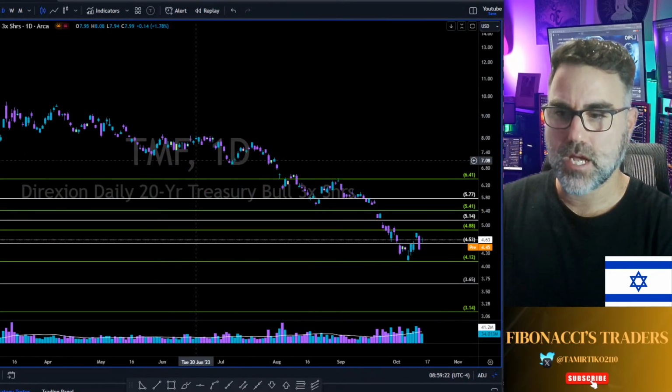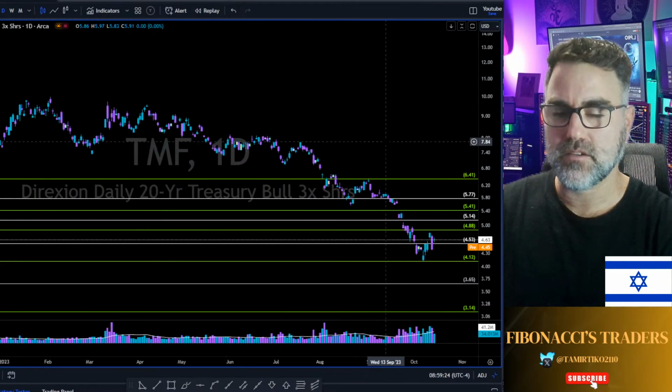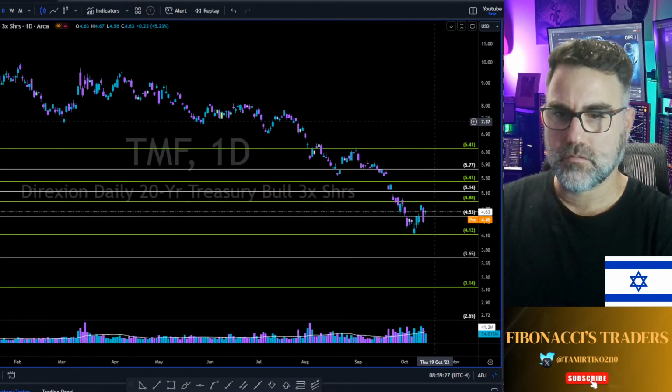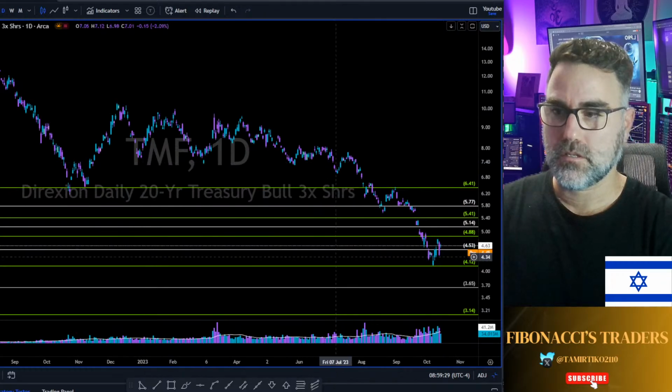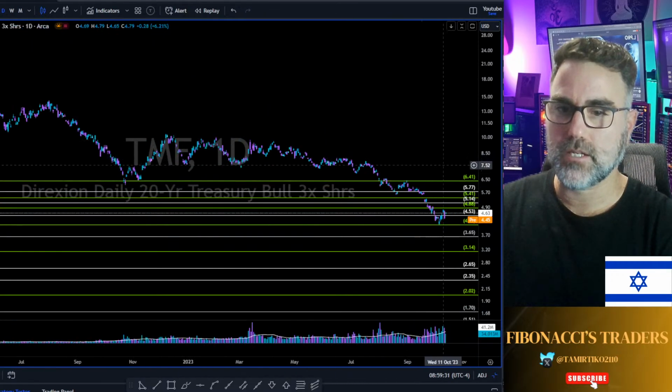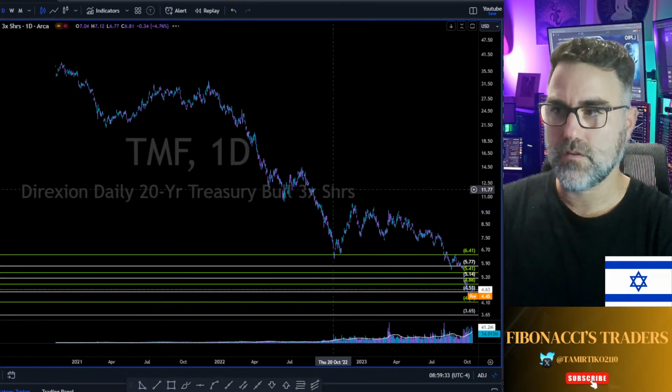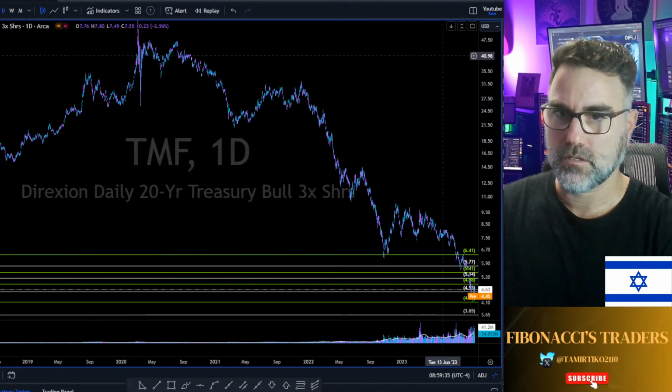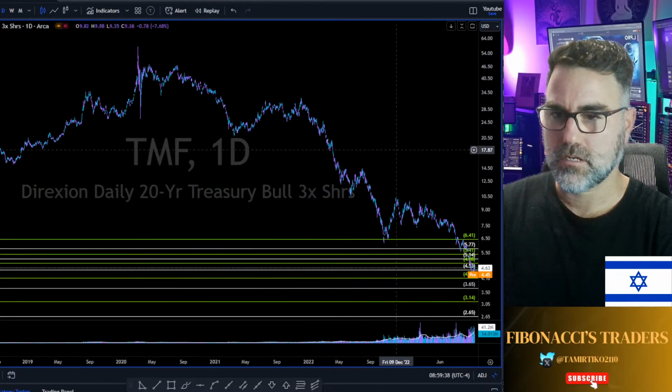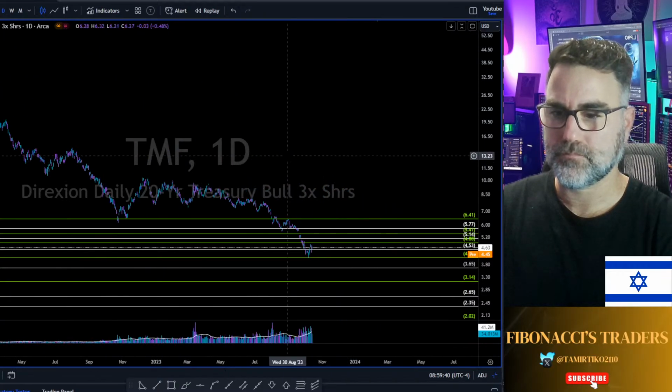Too many gaps? Because it's a 3x ETF. But be careful. It's in a downtrend, a very steep downtrend since March 2020.